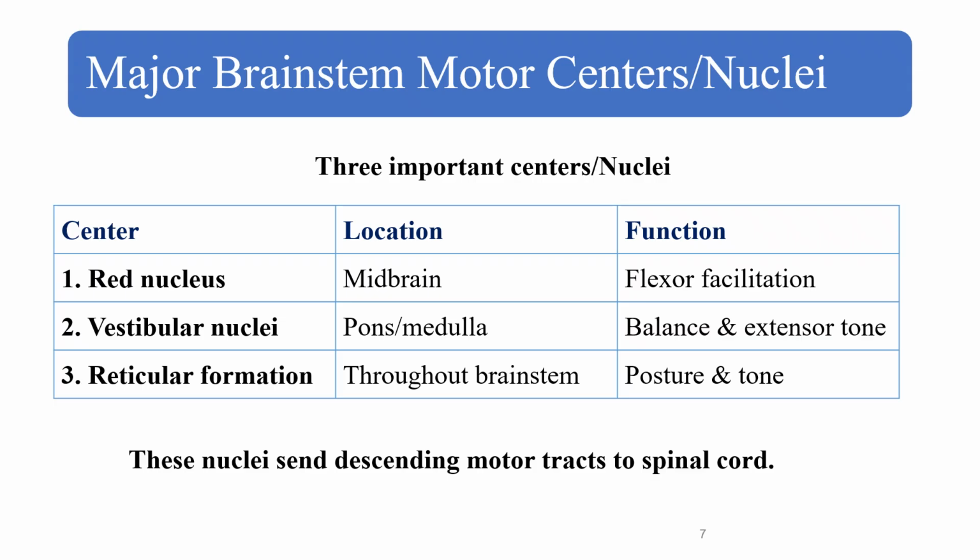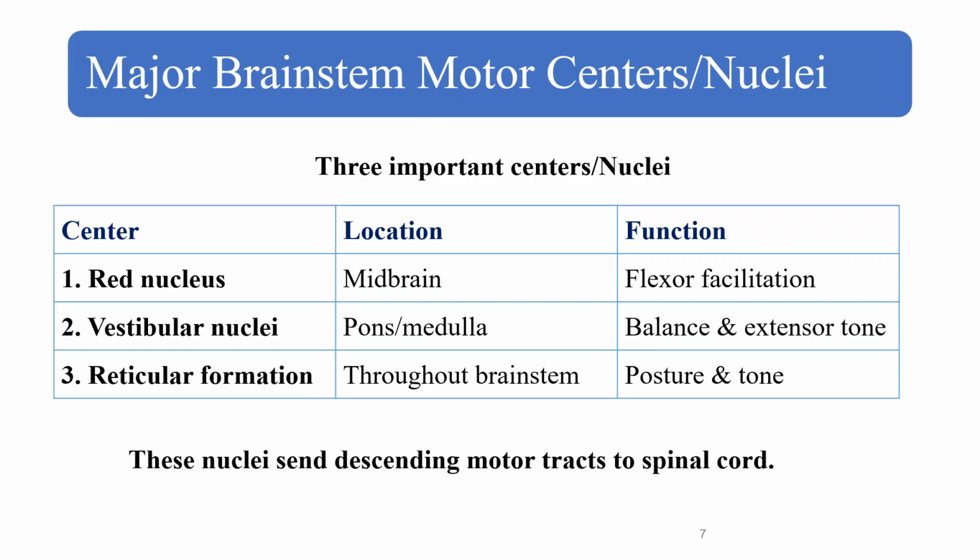When we talk about the major brainstem motor centers, you should be clear that there are three main important nuclei in the brainstem. These nuclei send descending motor tracts to the spinal cord and thus affect motor activity. The most important one is the red nucleus.